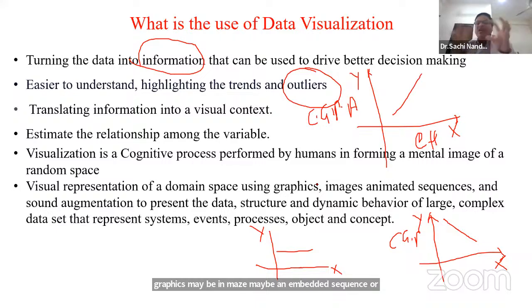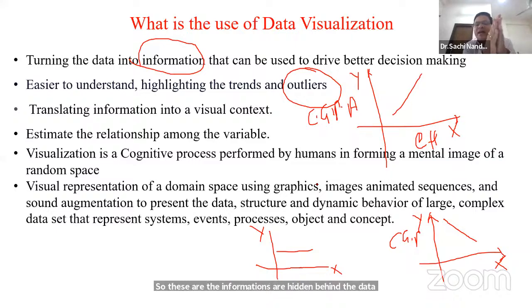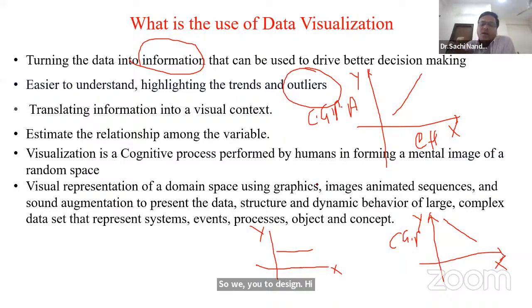So this information is hidden behind the data. Once you analyze the data, you will get the output as a visual pictorial representation of the complex data, in terms of an event or process or object. So you have to design, and finally you have to interpret the particular result, right?